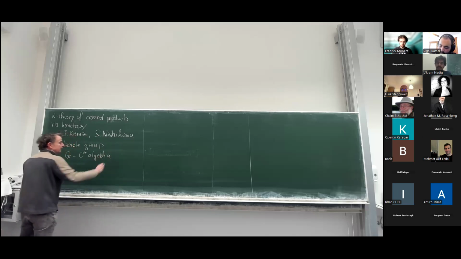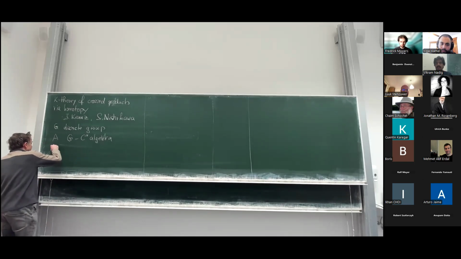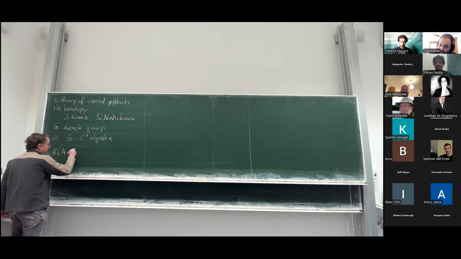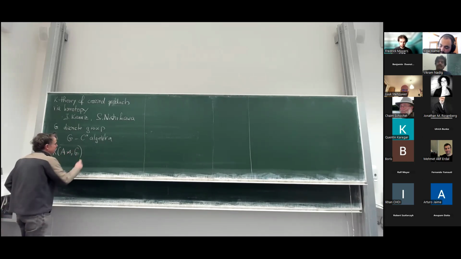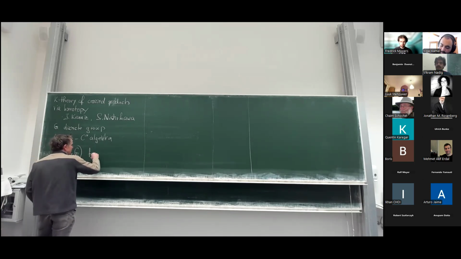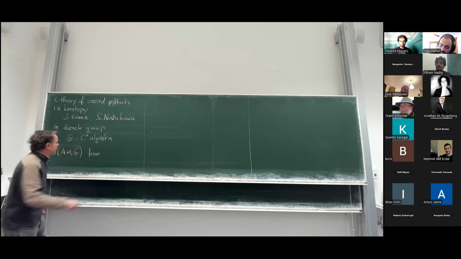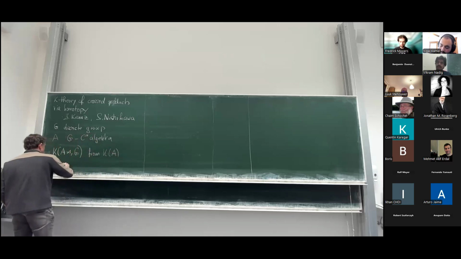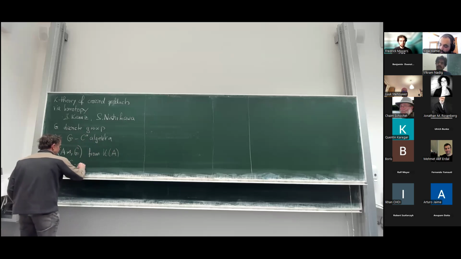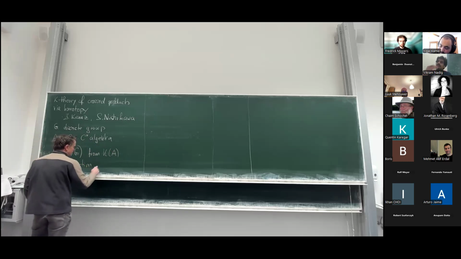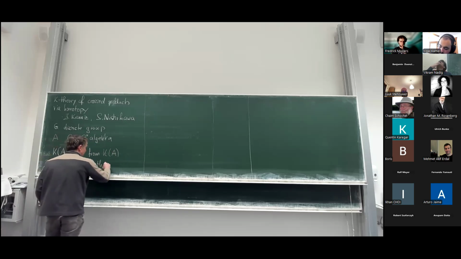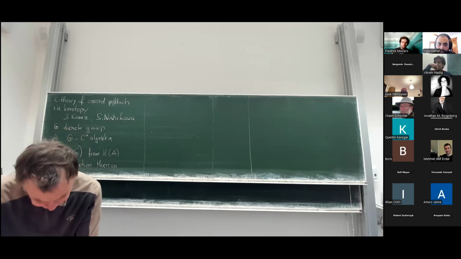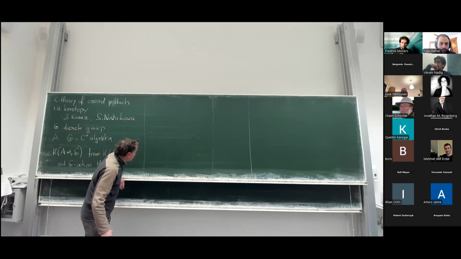We are interested in calculating the K-theory of the cross product, usually, for general G, maybe the reduced one, from the following: from the knowledge of the K-theory of A and the G action on this K-theory spectrum.